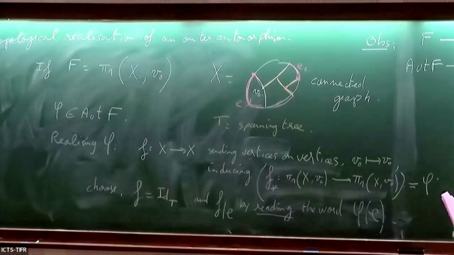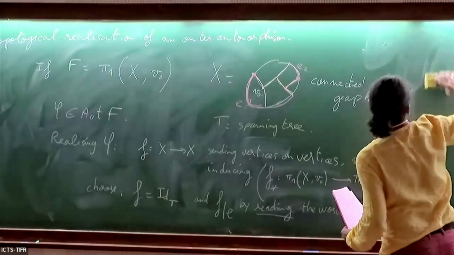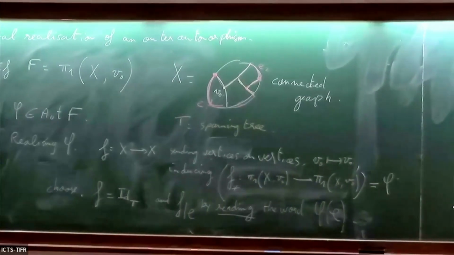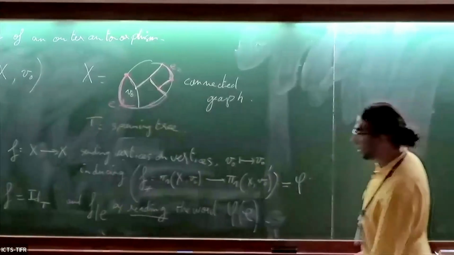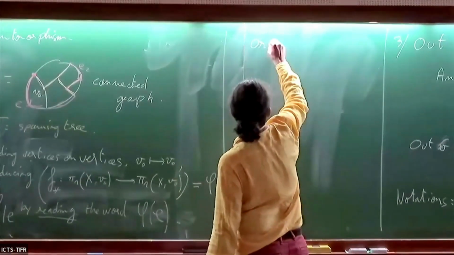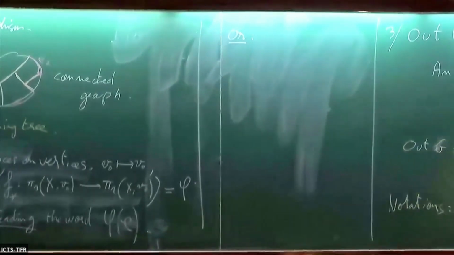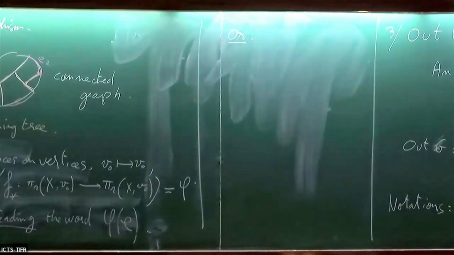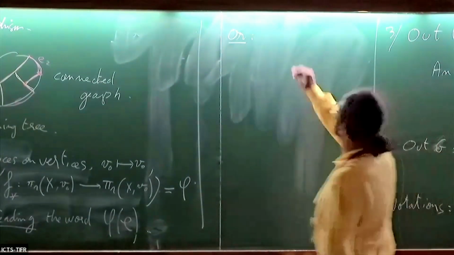But I know it exists, but it's not so special. But I could choose any map that is homotopic to F, fixing V0.